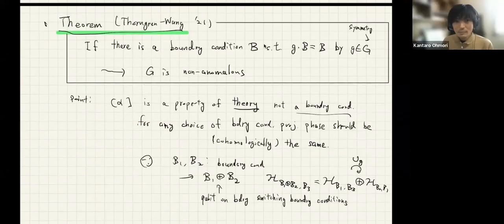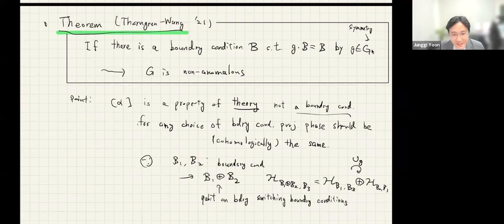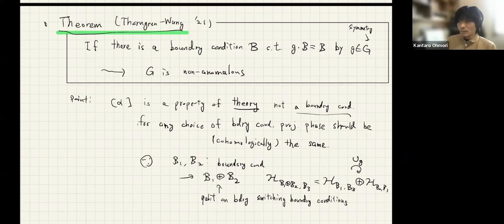Okay. Professor Kim asked, how can I understand this via gauging both momentum and winding? So you cannot gauge both momentum and winding, or the diagonal of winding, because it's anomalous.